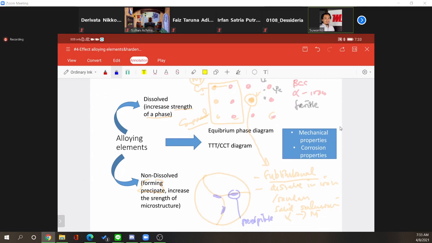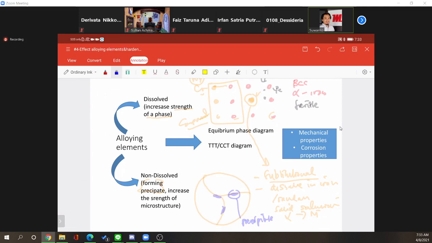And as you know, precipitate also increases the strength of the microstructure because it hinders the movement of dislocation. If you remember, the strength of an alloy or phase depends on the movement of dislocation. Anyone remember that?